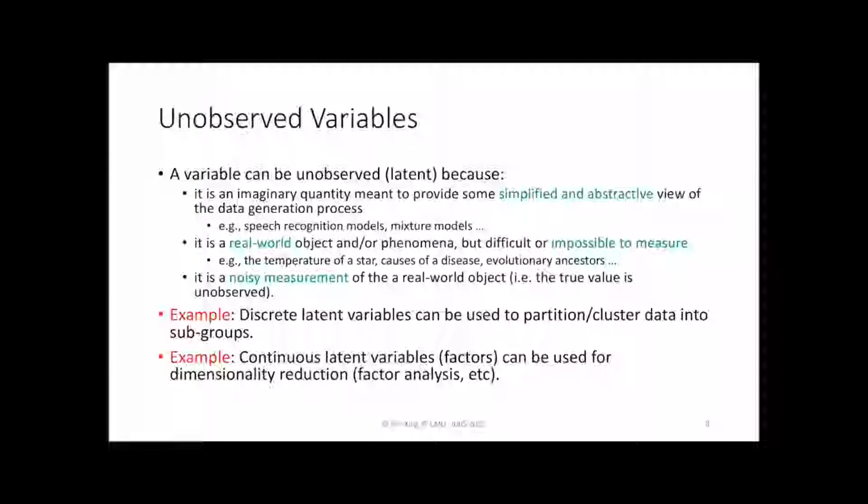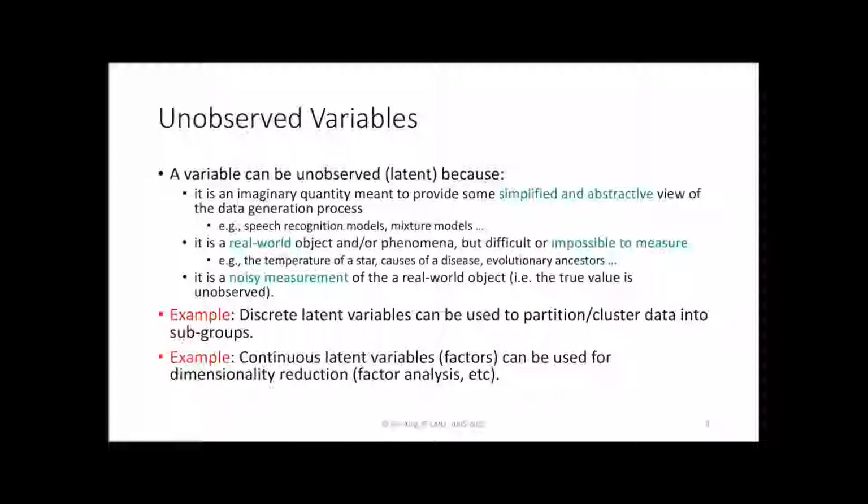For example, there might be ancestors that got extinct, and we don't have their DNA, but based on the partial data that we have, we can infer it. Sometimes they might have some real world meaning, for example an unobserved cause of a disease, but unfortunately, because it's either very risky or very expensive, we don't have access to a direct measure.